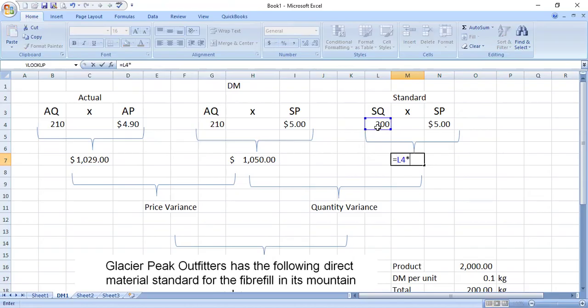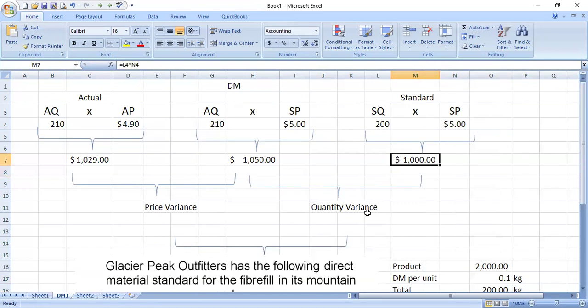200 times $5. So, based on my standards, first things first, to produce 2,000 Parkers, I need to use 200 kilograms of fiber fuel, for which, based on my standards, I'm supposed to pay $5. So I'm supposed to spend $1,000.